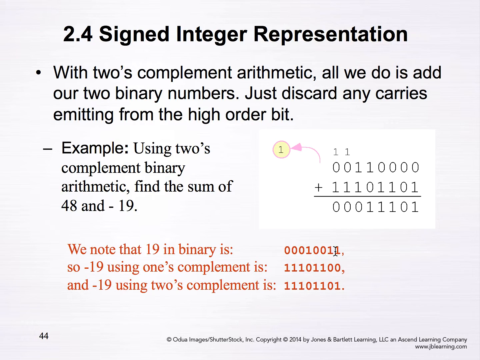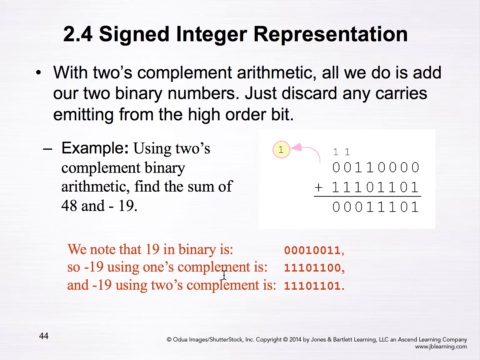So we get this string, and then we obtain the one's complement representation of negative 19 by flipping the bits of 19 right here. We have 1, flip the bit, we get 0; 1, flip the bit, gets 0; and we do the same for the other bits as well. So we get this string, the one's complement representation of negative 19.